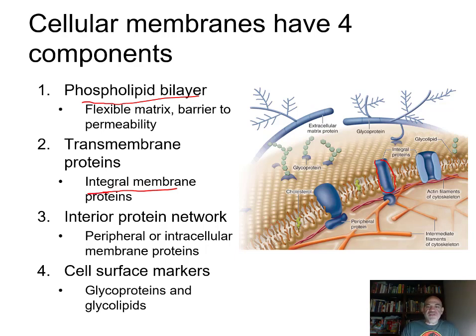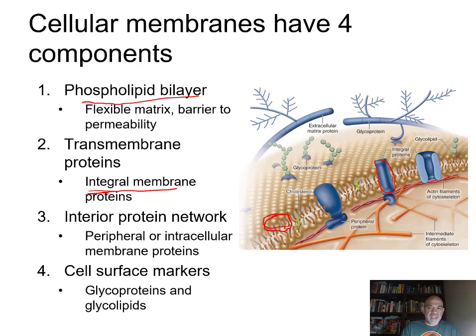You're going to see images in your studies of membranes where some of these proteins, there's not one drawn in here, but some of them are only partially integrated in. They don't go all the way through. So that makes it an integral protein, but it's not a transmembrane. Transmembrane goes all the way across. So there's a difference there.